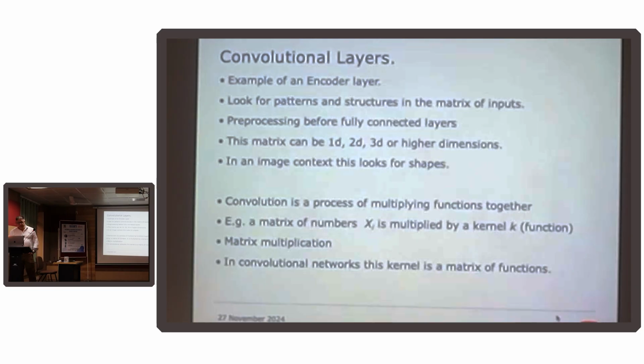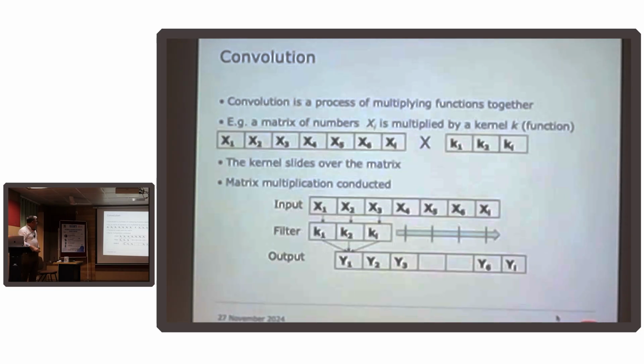What does that look like? I'll keep it in the first instance simple. So we have a matrix of numbers, x1, 2, 3, 4, 5, 6 to xi. So that's just basically a one-dimensional matrix. And what we do is we want to multiply that by a kernel, k1, k2, ki.